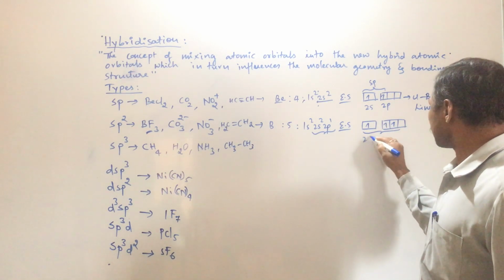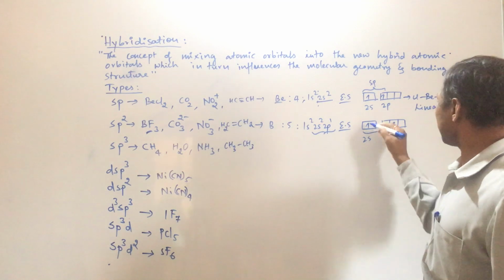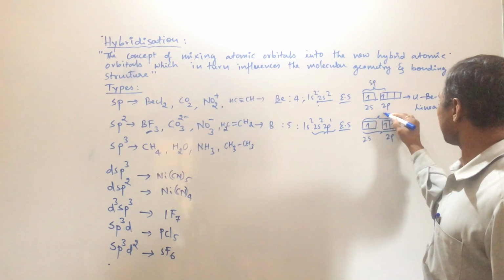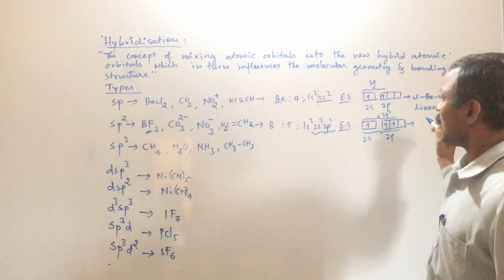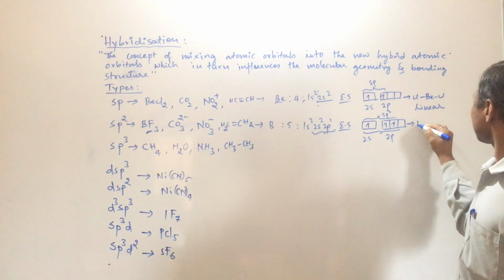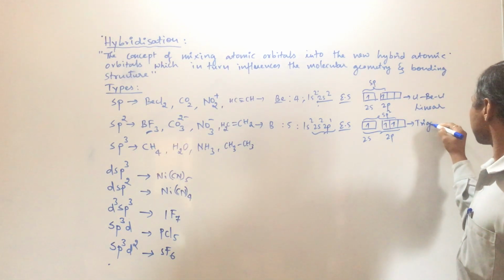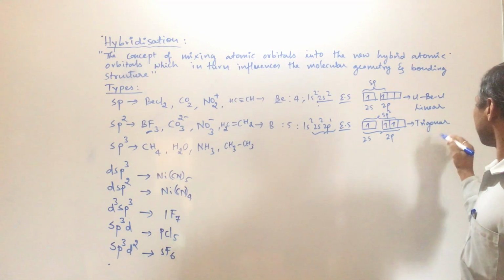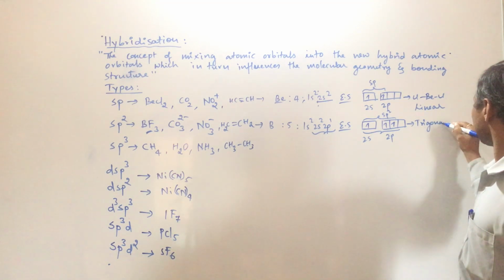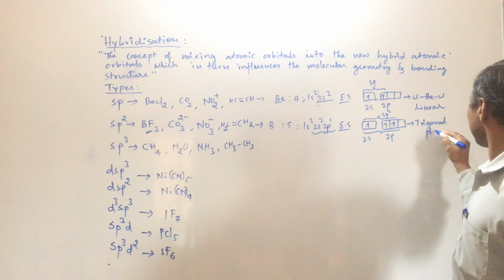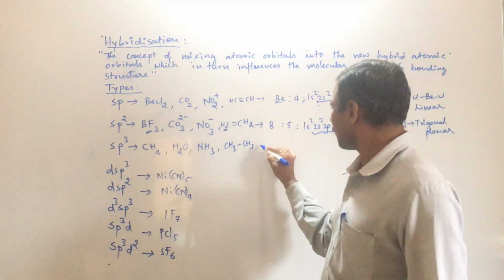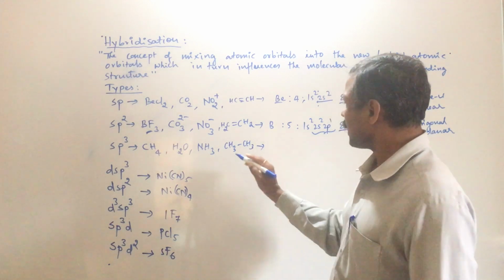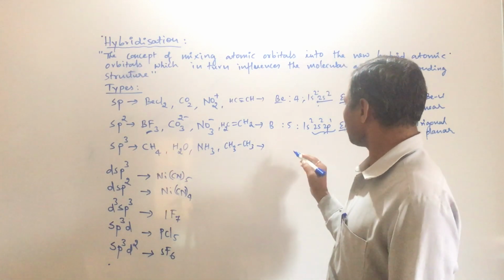So that means 2s 2p, hence we call this sp2 hybridized, which is a trigonal planar structure.